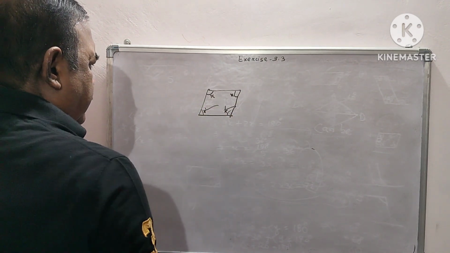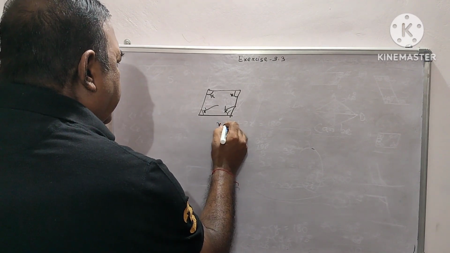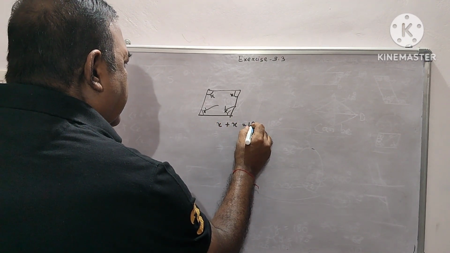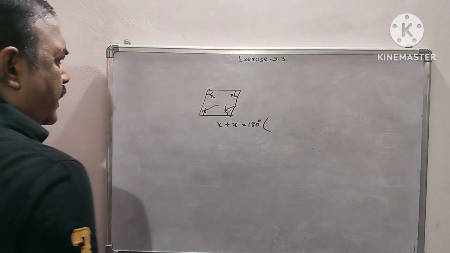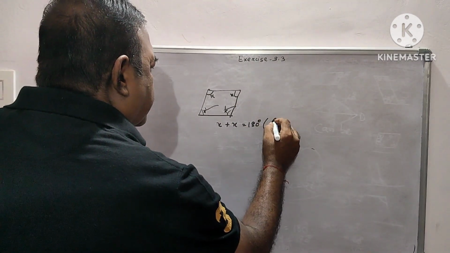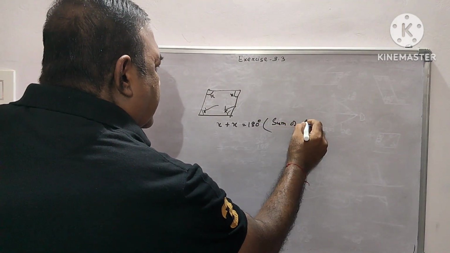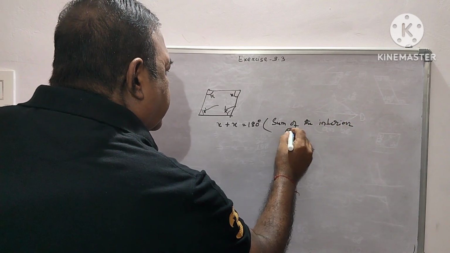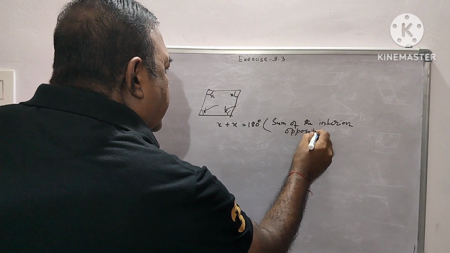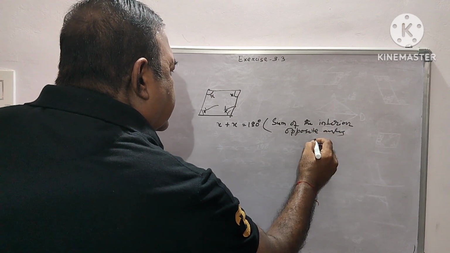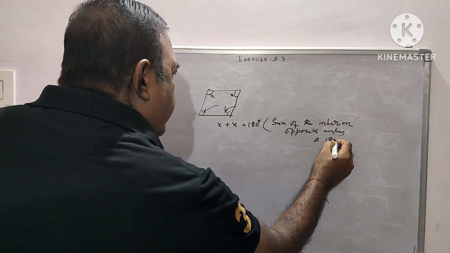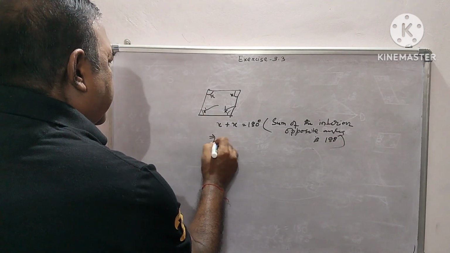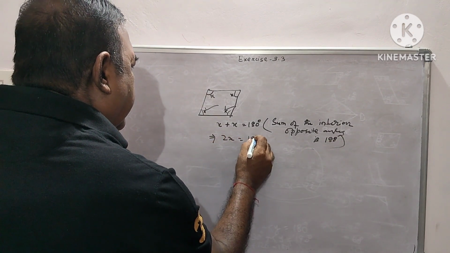These are equal in measure, and already you know that their sum is equal to 180 degree. Already we have proved that. What is that proof? The sum of the interior opposite angles is 180 degree. So that implies 2x is equal to 180 degree.